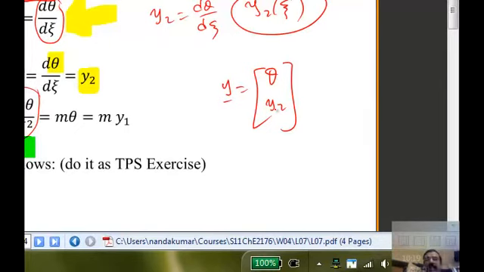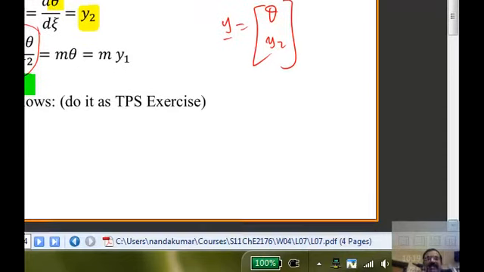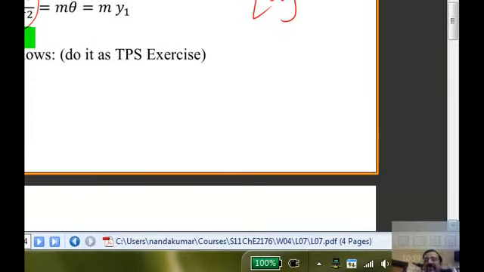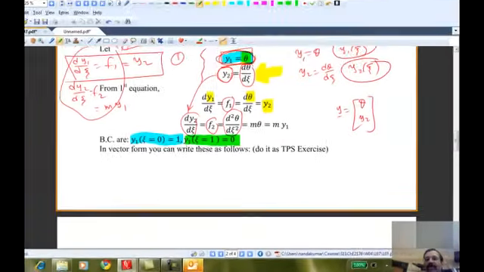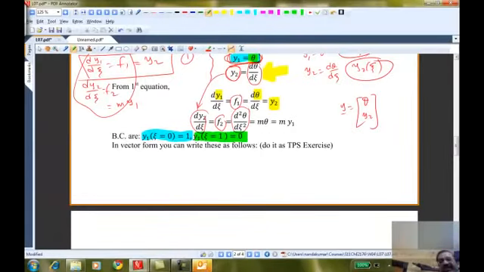Now I have this think, pair, share exercise for you guys. Write these two equations in vector form. Take 2 minutes and see whether you can put them in vector form. What do I mean by vector form? I must have an equation like this, dy d psi equals f of psi. So y is a vector.